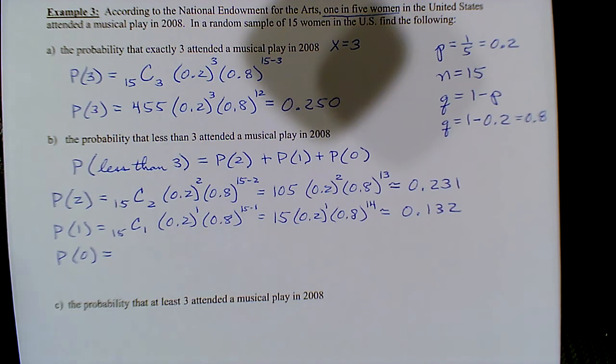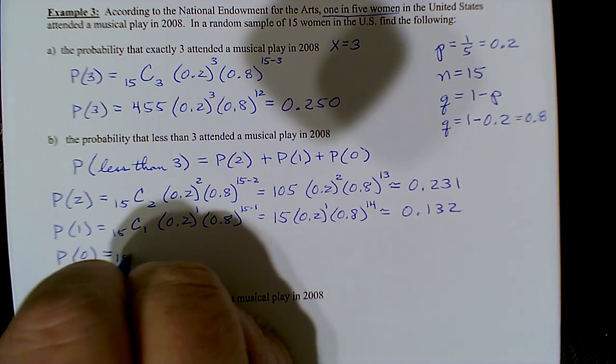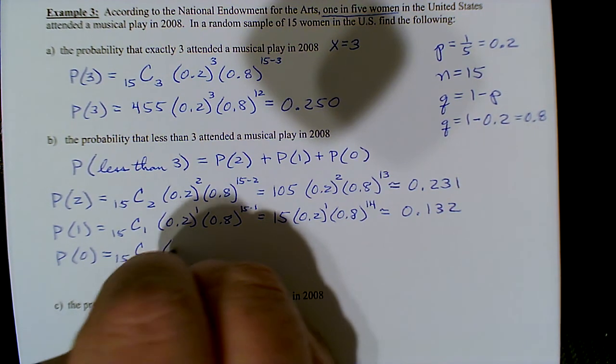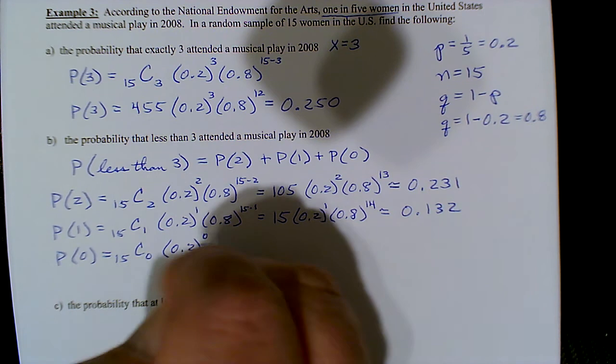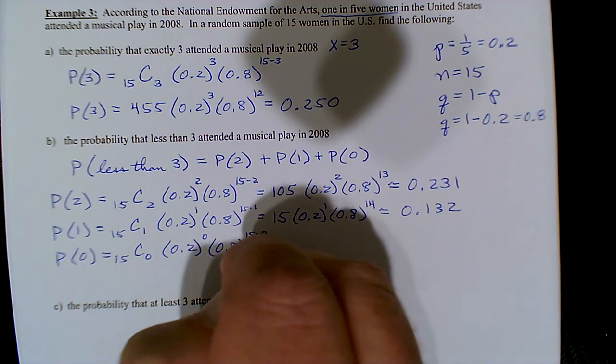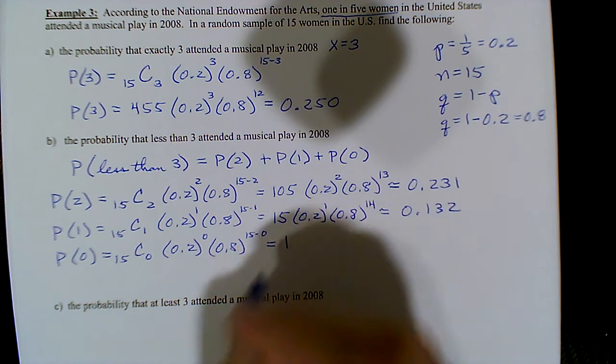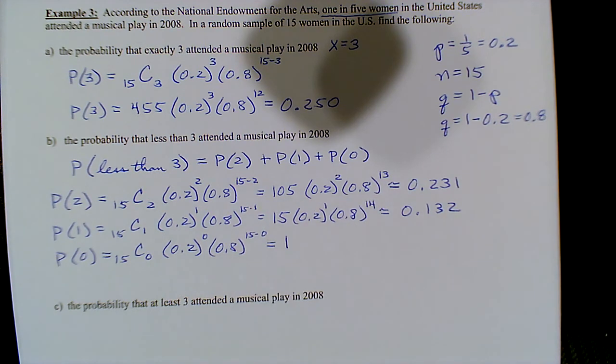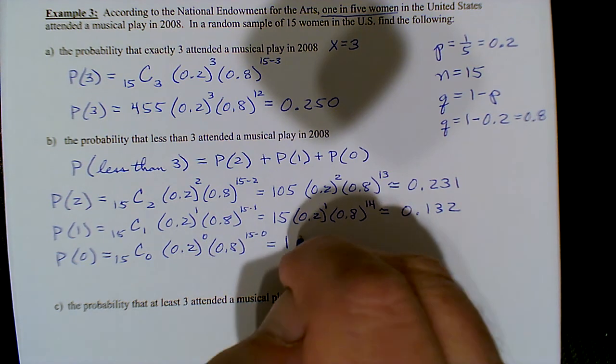Alright, then almost finally, probability of 0. 15 choose 0, 0.2 to the 0, 0.8 to the 15 minus 0. Okay, 15 choose 0 is 1. And that would be times 0.2 to the 0.